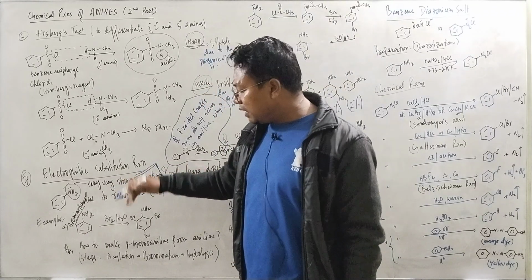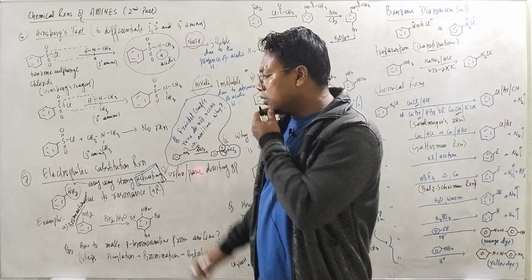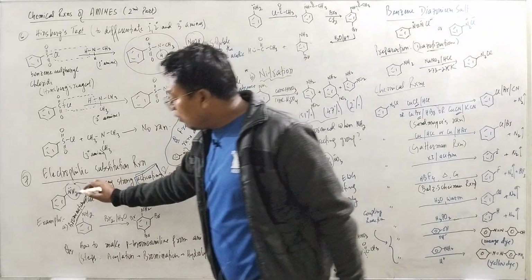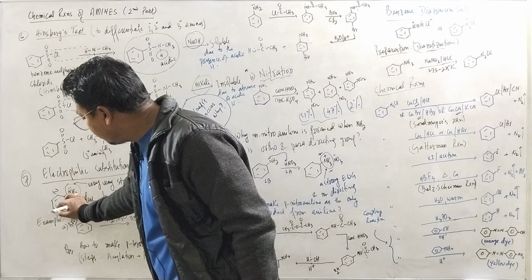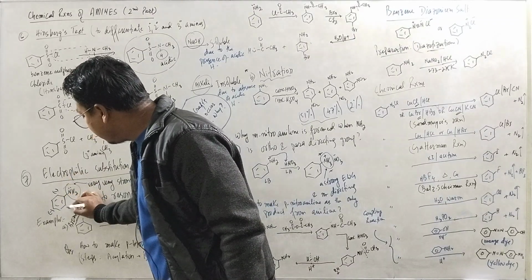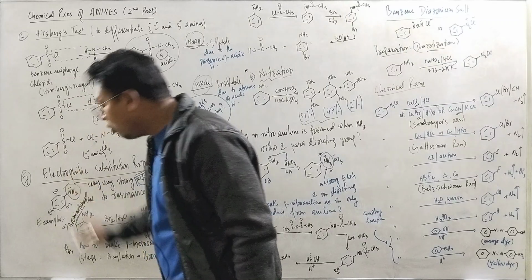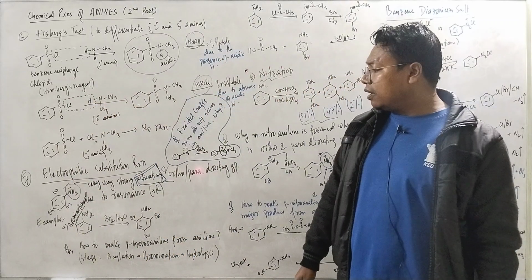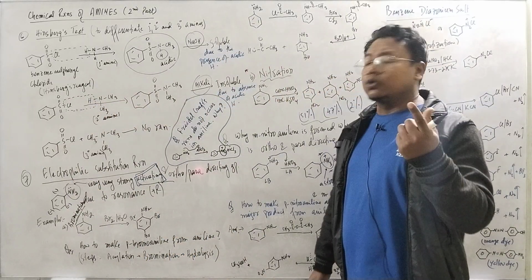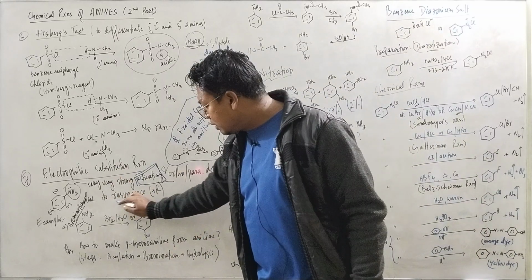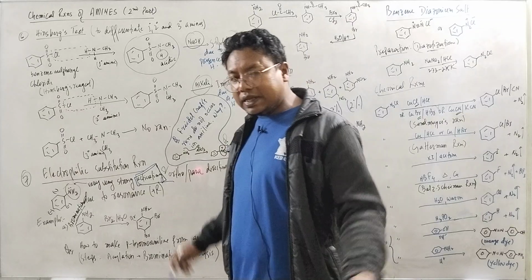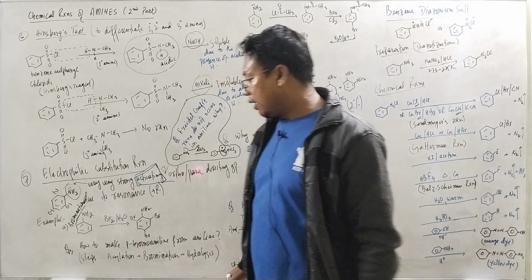Since this is a very strong electron donating group, there will be excess of electrons in the para and the ortho positions. This is the para position and these two are ortho positions. So there will be excess of electrons in both ortho and para positions due to resonance of NH2, and that resonance will be plus R.